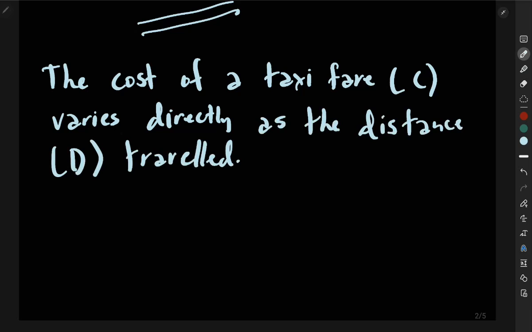So the C is the taxi fare and the D is the distance traveled.